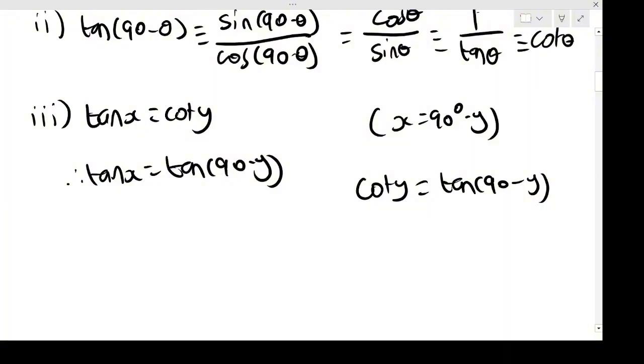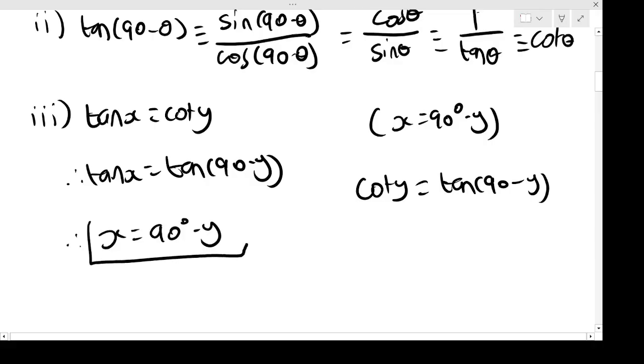And now you can probably see we can just directly compare and equate the angles. So x is 90 take away y there. Now, obviously, you are right to be very cautious about just jumping to equating the angles.